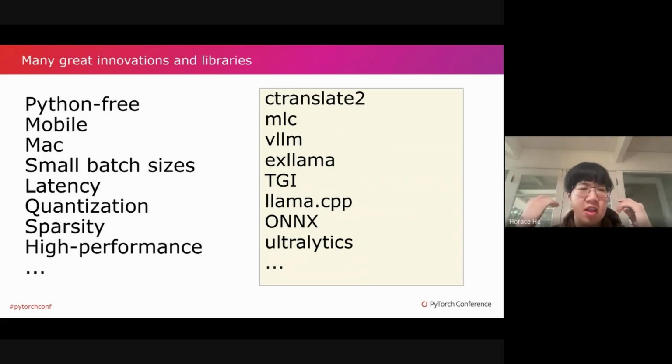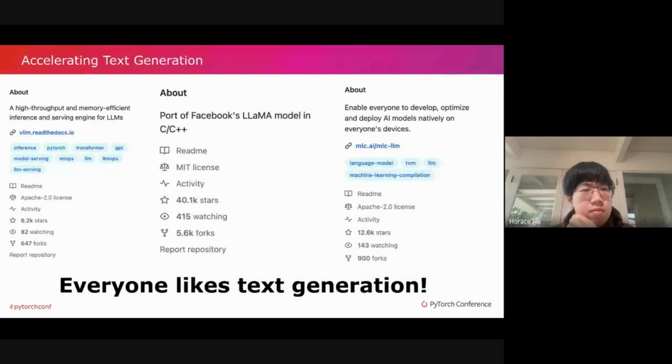People really care about small batch sizes, latency, quantization, and high performance. And so this has resulted in a whole slew of new projects, whether they're doing transformer inference, diffusion inference, and all sorts of things. In particular, one kind of generative AI that everybody is really into is text generation.